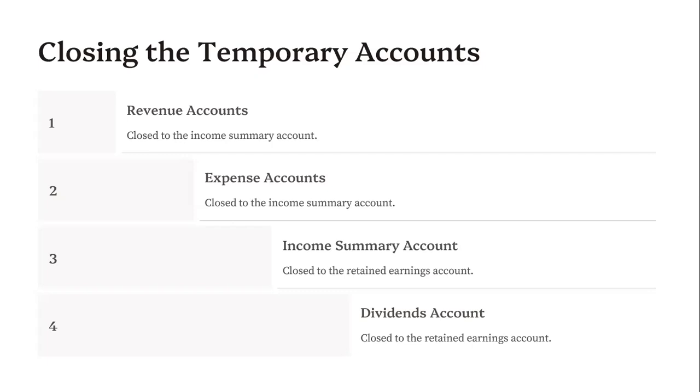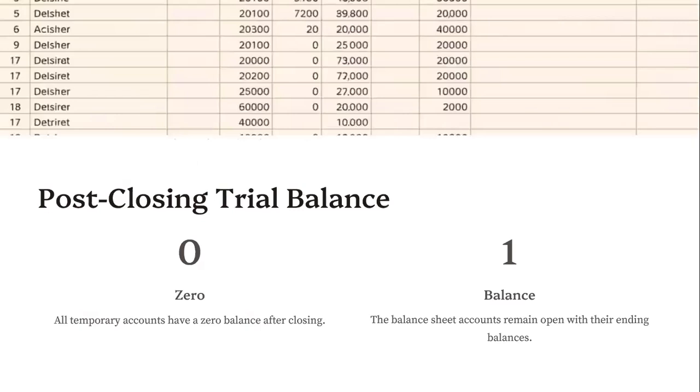And in the next slide, I'm going to discuss the post closing trial balance. In the post closing trial balance, all temporary accounts have a zero balance after closing, and the balance sheet accounts remain open with their ending balances.